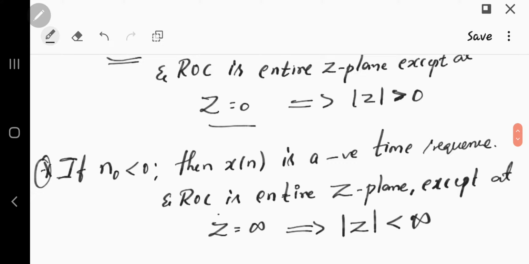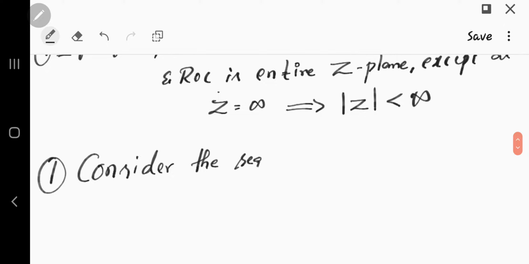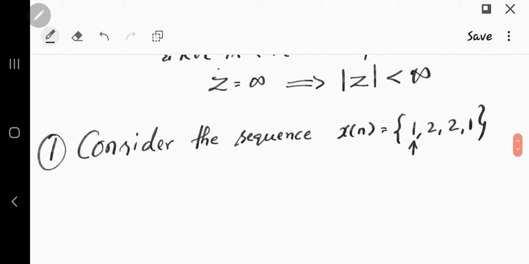Okay. To understand this, we'll take some examples on how to find the ROC and how to find the Z transform of the signal. Consider the sequence given, x of n is equal to 1, 2, 2, 1, where the first 1 is at the origin.